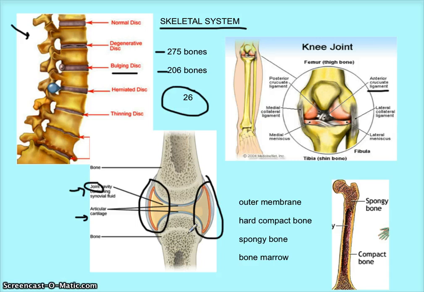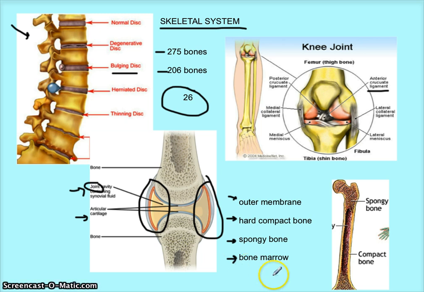Now, blood vessels actually enter the bone. The bone has these different parts. It has an outer membrane, a hard, compact core, spongy type bone, and bone marrow.